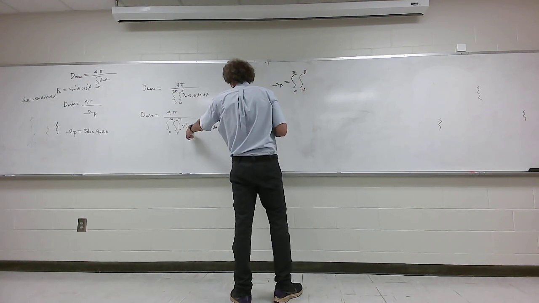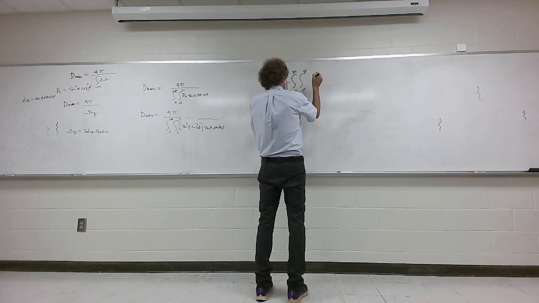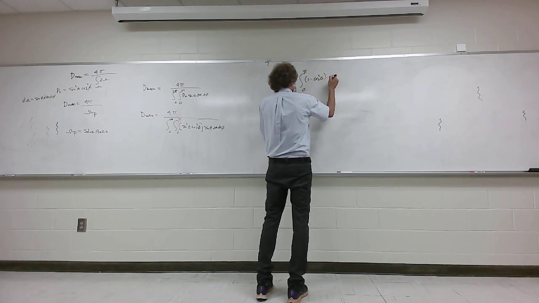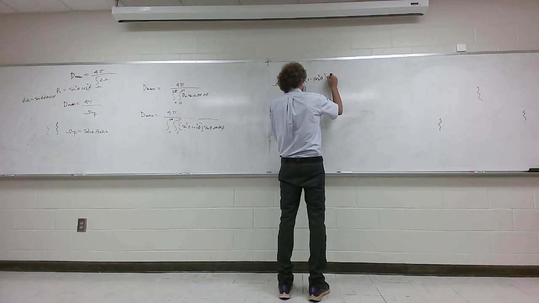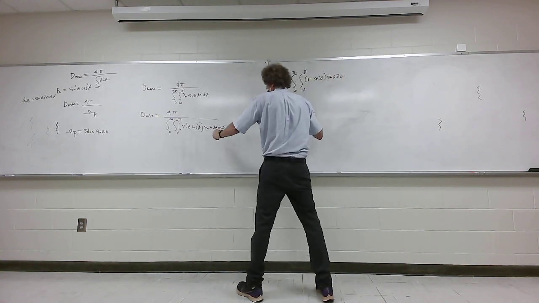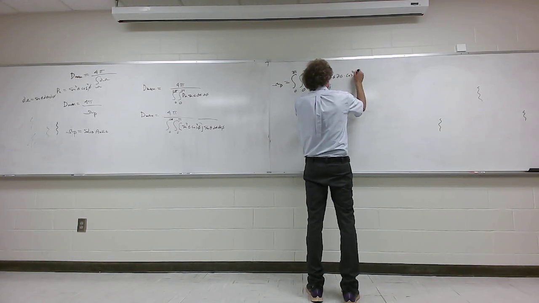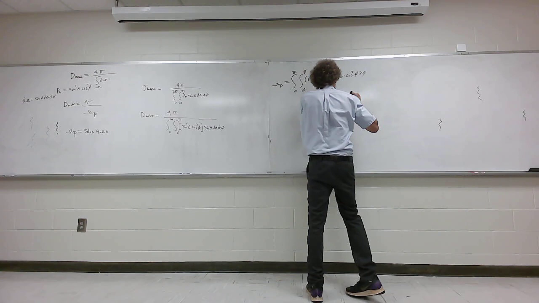Now sine squared times sine is really going to be what? 1 minus cosine squared theta times sine theta d theta. And then I have the cosine squared phi d phi, right?